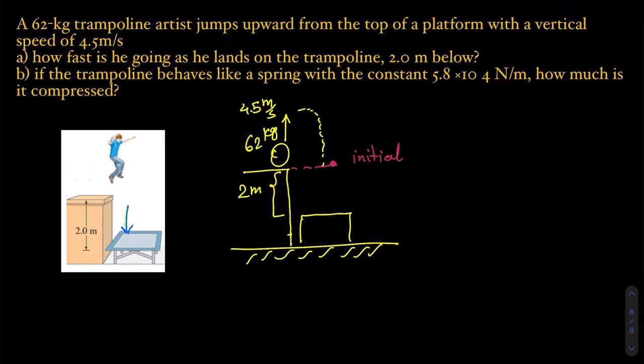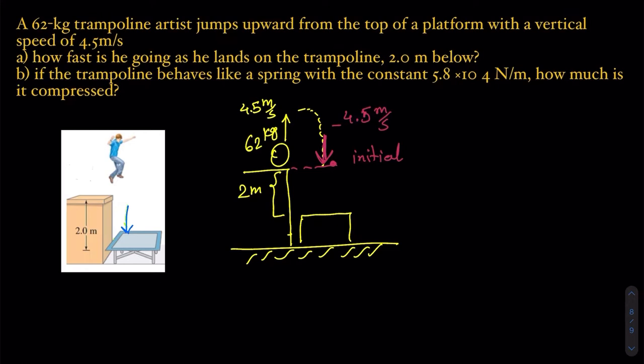At this point, the velocity of this person is 4.5, but in the negative direction, because when it gets to the same point, the velocity will have the same magnitude, but the direction will change. So here the velocity is minus 4.5 meters per second.